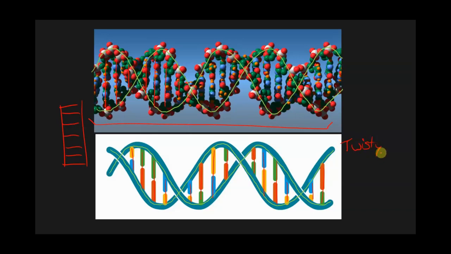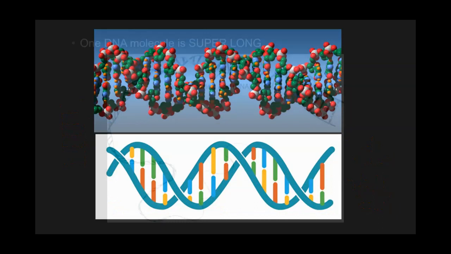And this twisty ladder shape does have an official name. It's called a double helix. So that's the official name of this DNA shape here, a double helix.